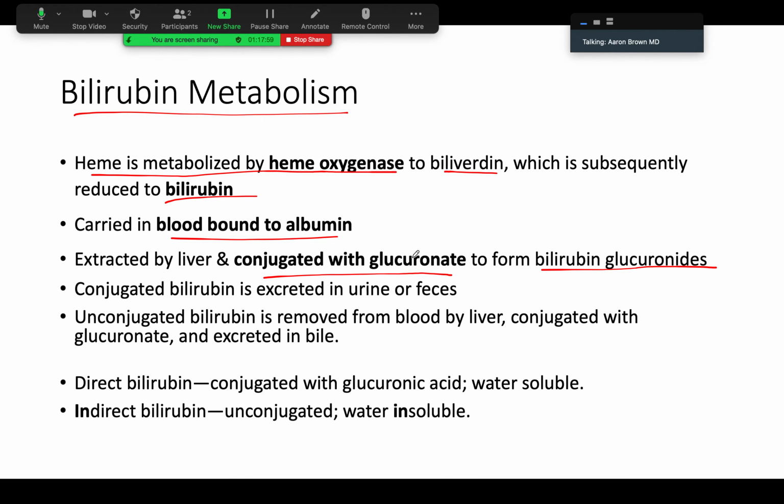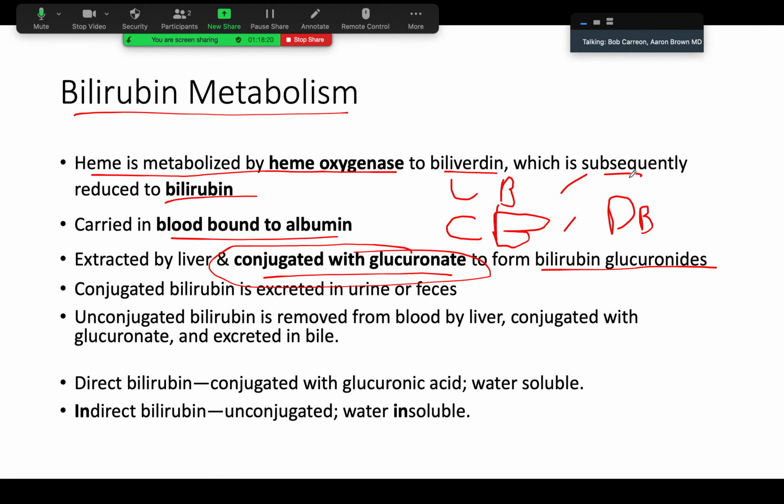If it's conjugated to glucuronate, we call it what? Conjugated bilirubin, right? Or you may also hear it called direct bilirubin, same thing. If it is not conjugated to glucuronate, we call it unconjugated bilirubin, or you may hear it called indirect bilirubin.